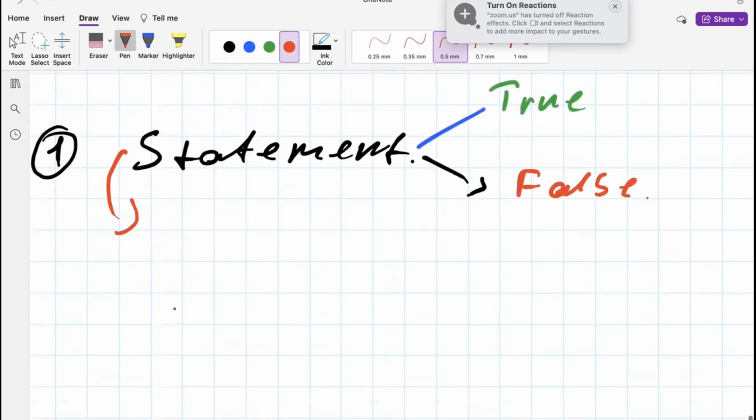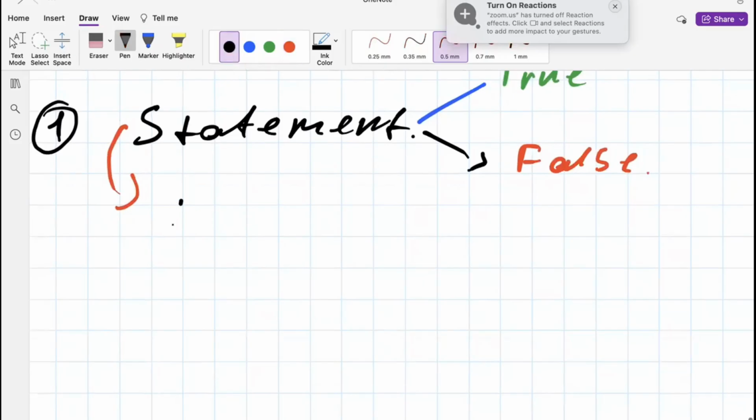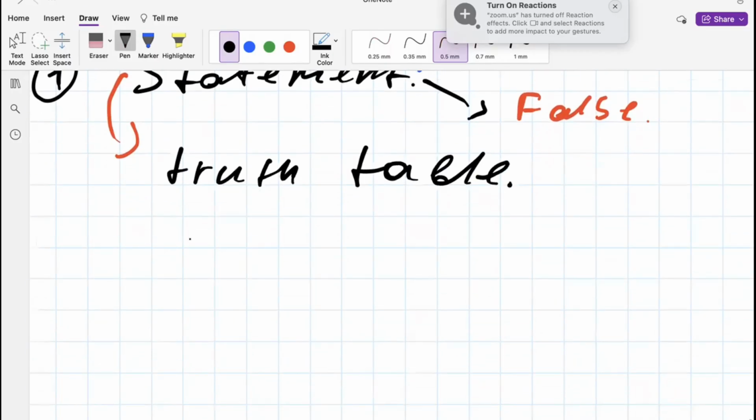Based on this, you'll see the truth table. You'll denote statements as letters, for example, statement A and then statement B. Once you have 2 statements connected with a connector, you have 2 types of connectors, which are and, or.